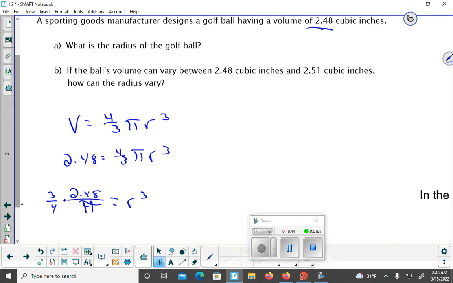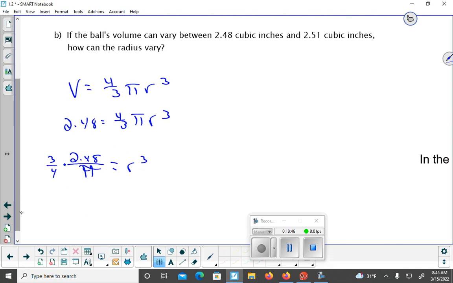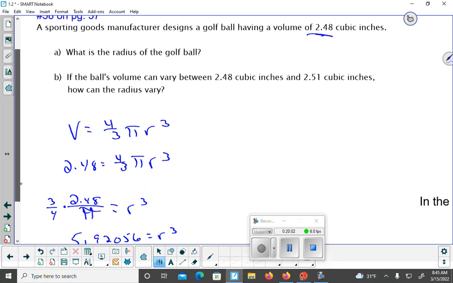When I did that, I got r cubed to be 0.5905, and then I took the cube root of that and I got a radius of 0.839694. That's the radius of the golf ball.